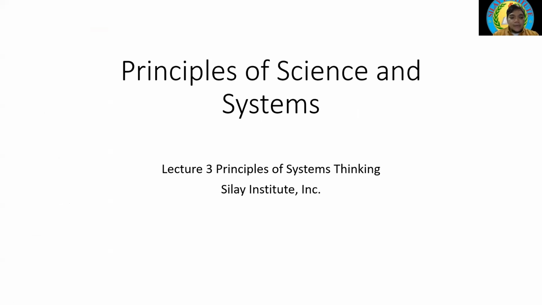So last time we discussed the introduction of the principles of system thinking, part one and part two, and we talked about the danger of concluding the whole of a system or a problem without first analyzing the parts of the whole.